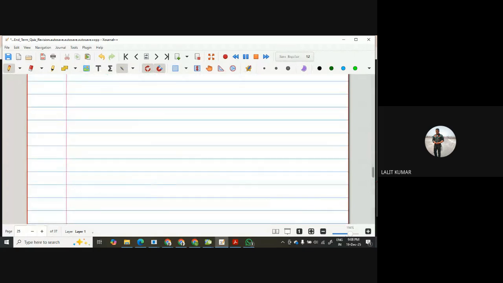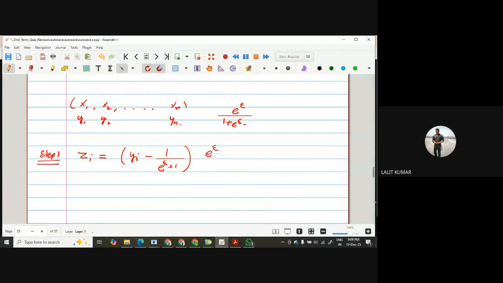So randomized response, again, I'll explain what has happened. We have got replies x1, x2, up to xn. Everybody has replied y1, y2, up to yn with a probability of e to the power epsilon over 1 plus e to the power epsilon. So we collect this. For step 1, we find zi equal to yi minus 1 over e to the power epsilon plus 1, and this is unbiasing. Then we do scaling by e to the power epsilon plus 1 over e to the power epsilon minus 1.